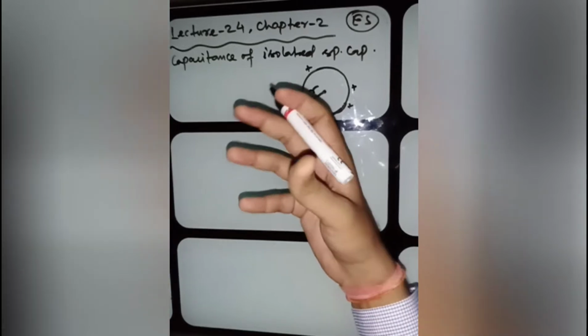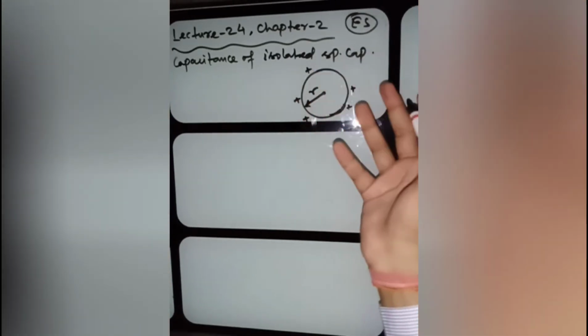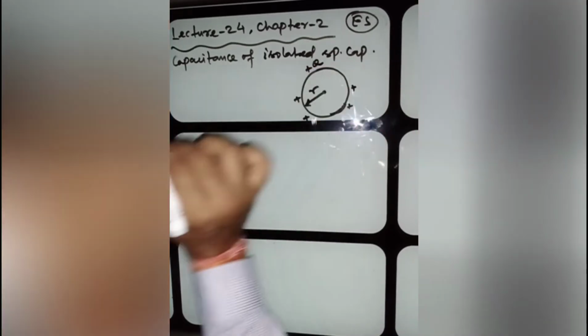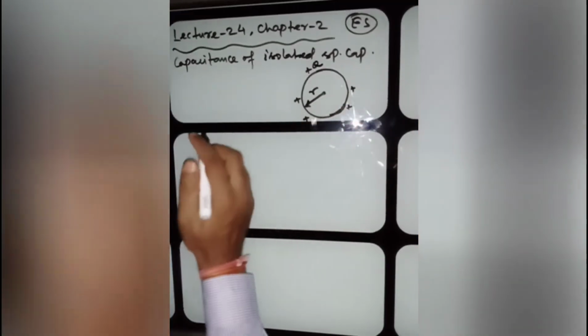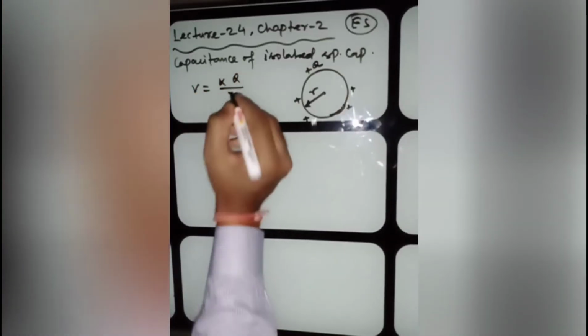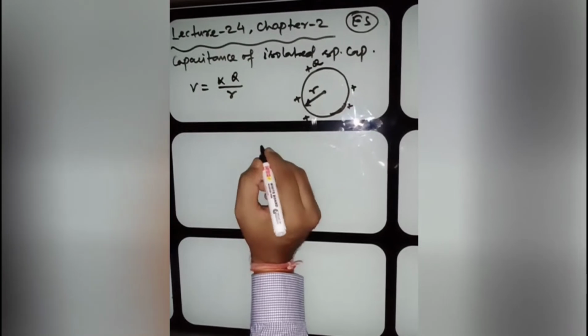Have you studied the potential of a shell of radius R if charge Q is given on the surface? The answer is yes, we have studied it. The potential is KQ over R. Do you remember, my dear students?